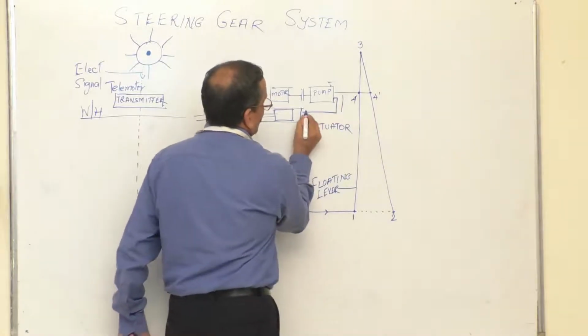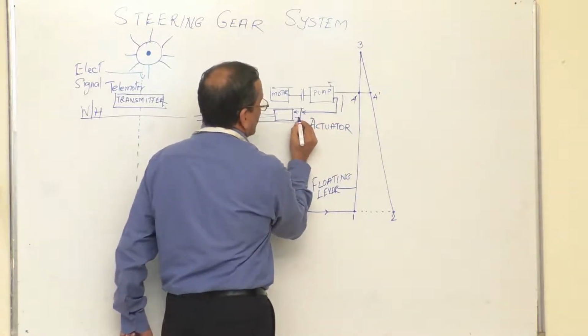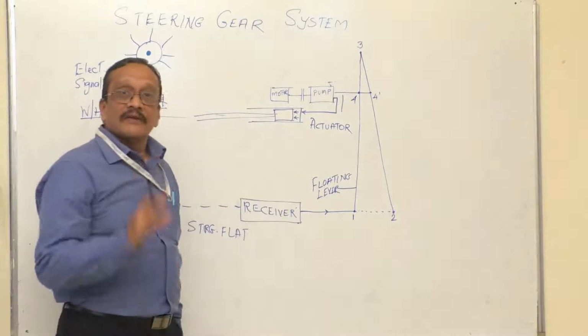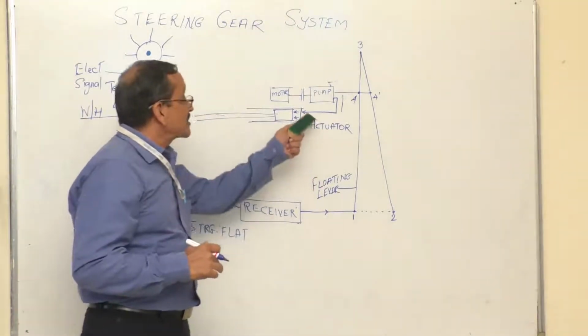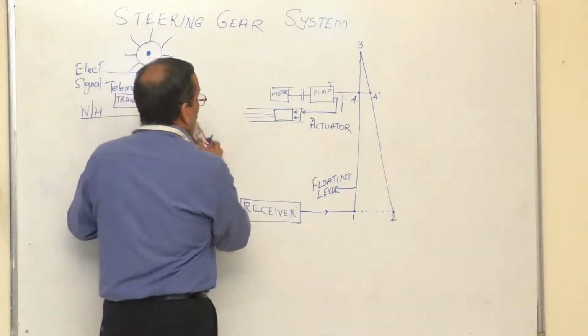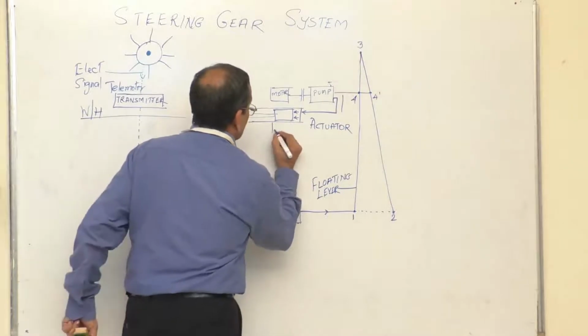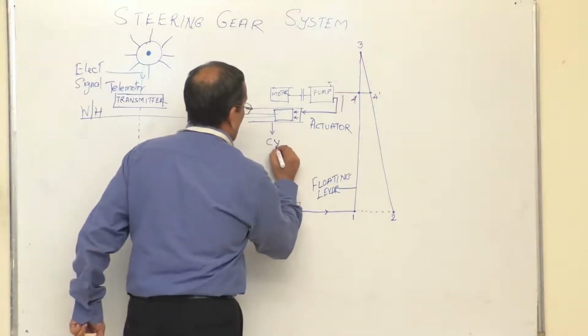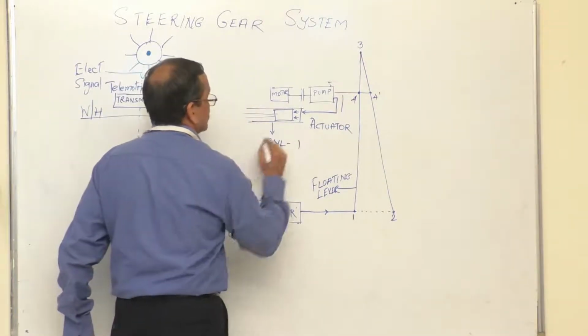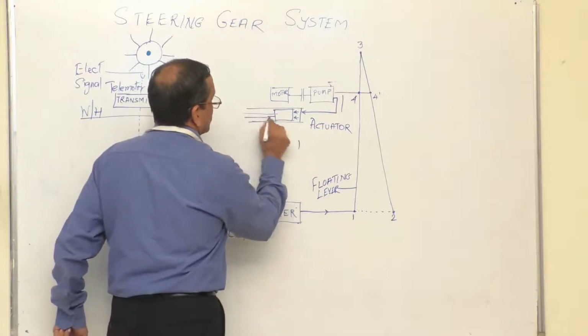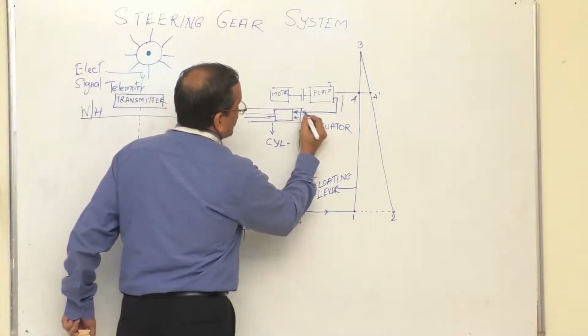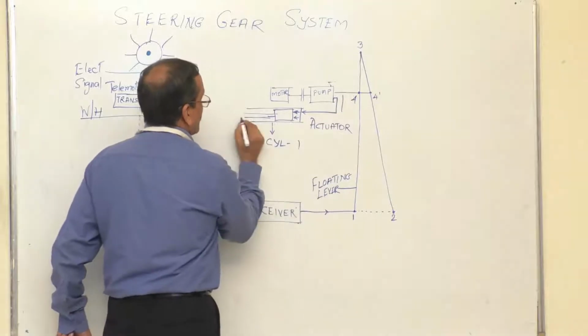So once you see that the oil is getting pumped into the cylinder, this is with pressure. So once it is coming with pressure, you have the cylinder over here. I call this as cylinder number 1. And this portion is subjected to a pressure which is coming from the pump.